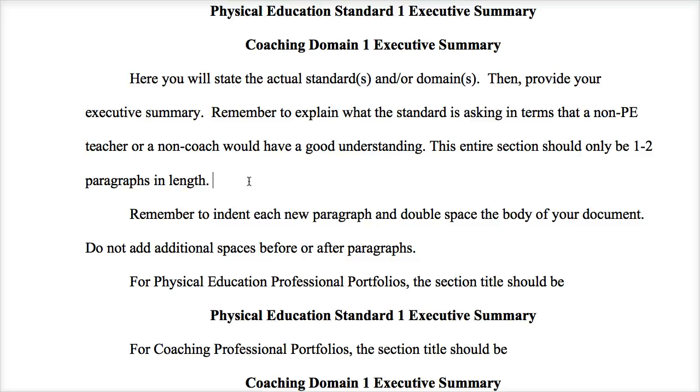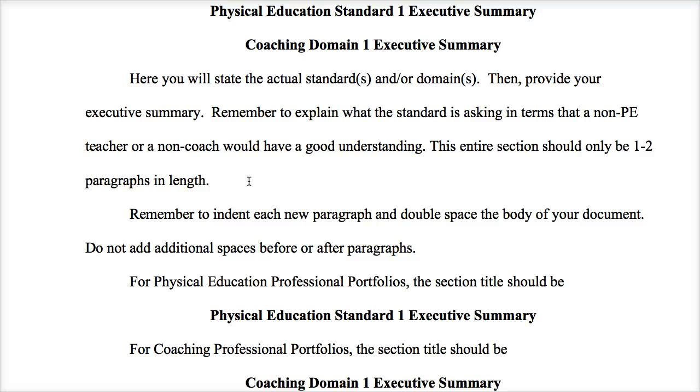Now, for the coaches, you don't have to write all the standards. Just provide the title for the domain that's in the NASP coaching standards book. Cite it following APA.